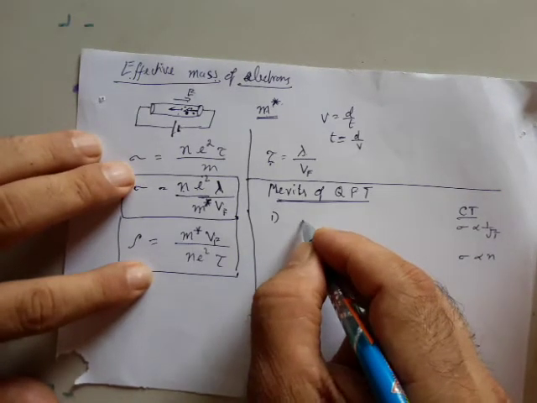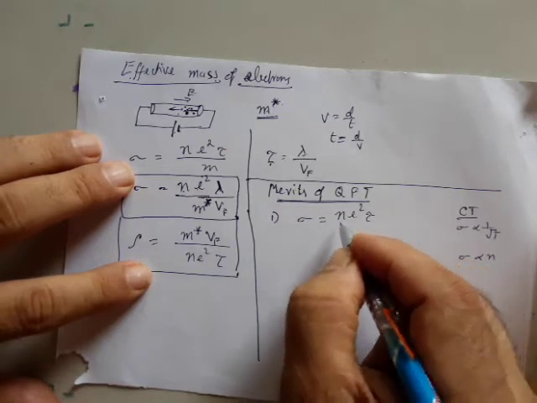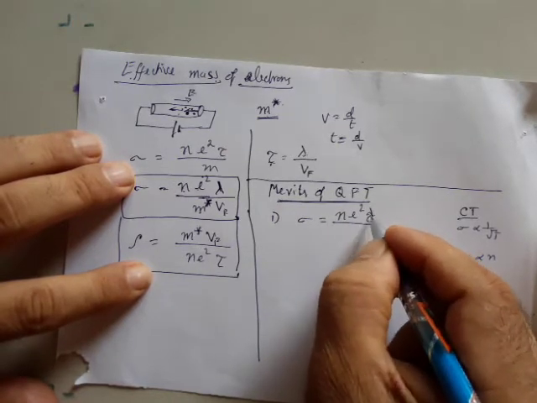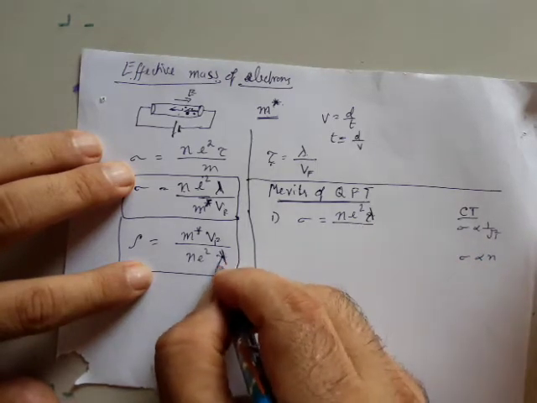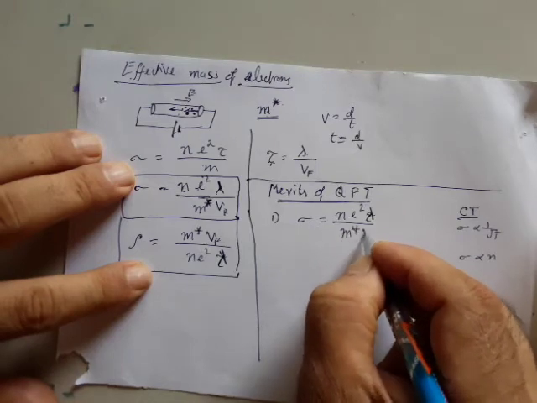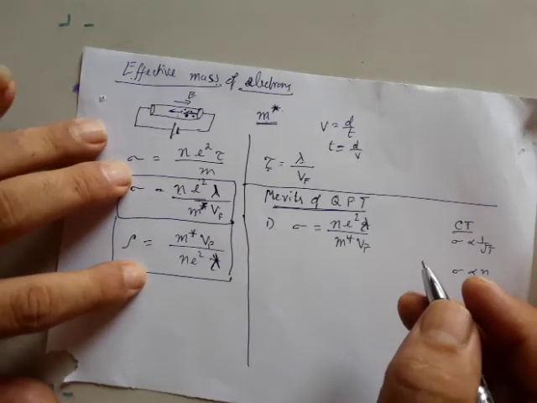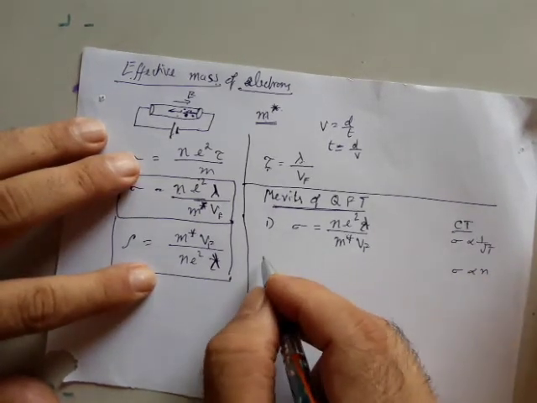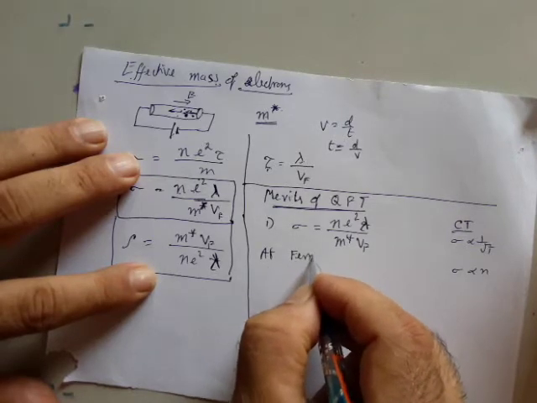Now to understand that, we know that sigma is n into e square into lambda divided by m star into Vf. That is the expression we have just come across. Let us consider the Fermi level.